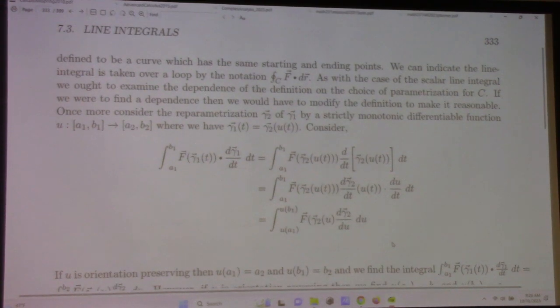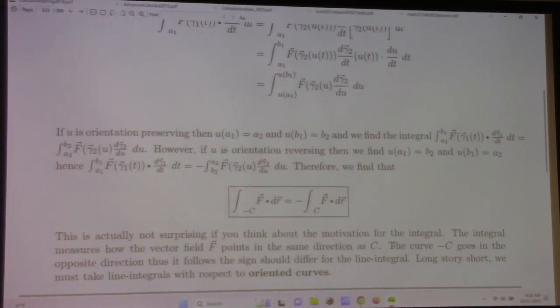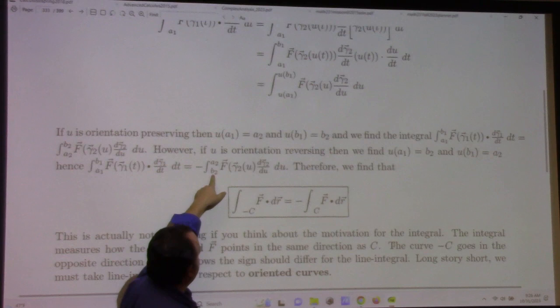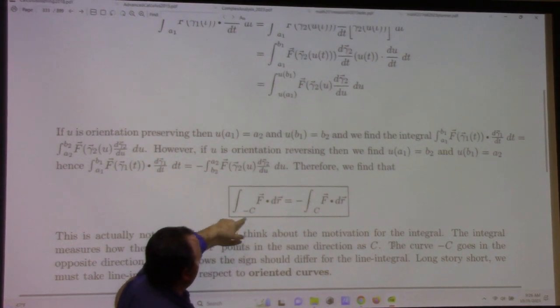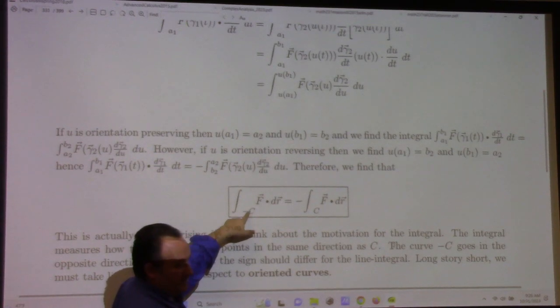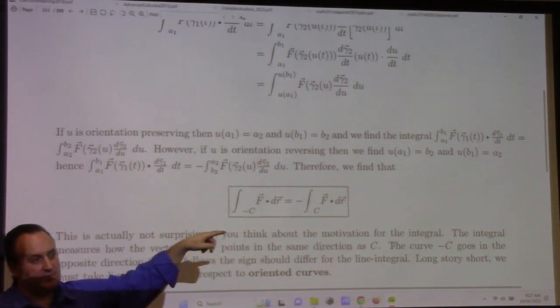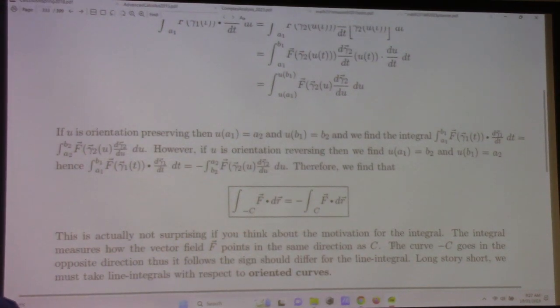A very, very important property is this: if we reparameterize the curve in the other direction, if we reverse the curve, then we get a minus integral of what we started with. And that's because if you reverse the orientation, we call that minus the curve, okay? For example, for the circle I've been doing today, the counterclockwise circle, if instead I oriented it in the clockwise way, we'd call it minus the curve we started with. So a minus in front of a curve speaks to the orientation.